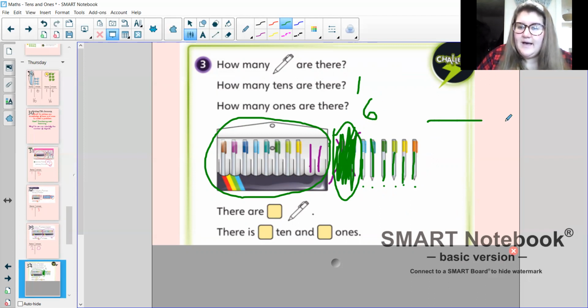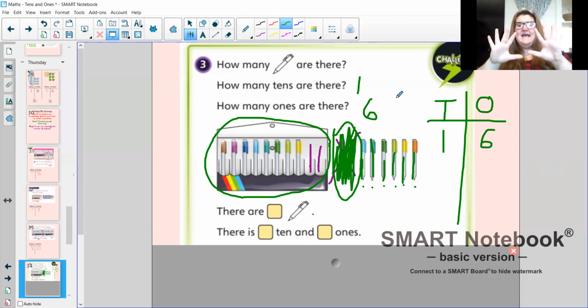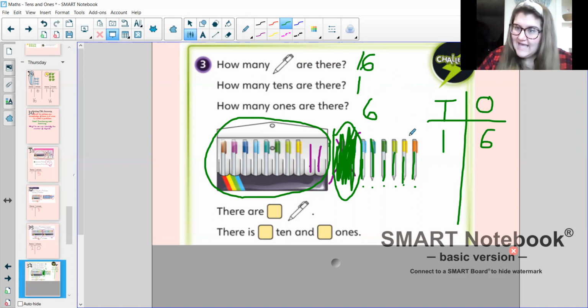Okay, so if I think about my grid of my 10s and my ones, I've got one group of 10 and 6 ones. So 10 add 6. Let's put 10 in our head. 10, and we're going to add 6 more. Ready? 10, 11, 12, 13, 14, 15, 16. Okay, so there are 16 pens altogether.